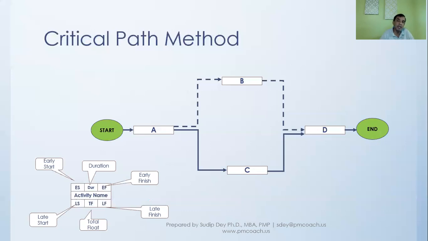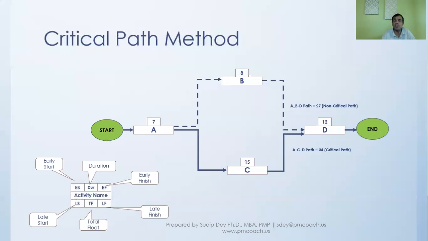But when we take a simple model, it really helps us understand the concept. So this is a simple project with 4 activities, A, B, C, and D. Let's say the duration for each of these activities is, for example, A is 7 days, B is 8 days, D is 12 days, and C is 15 days, right?